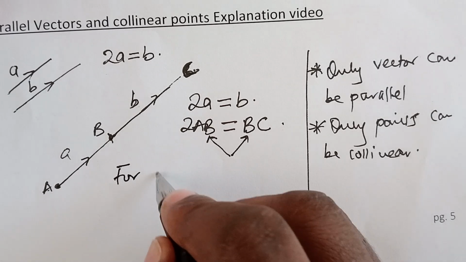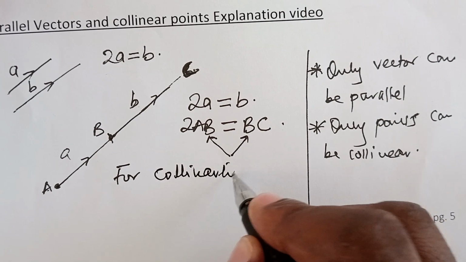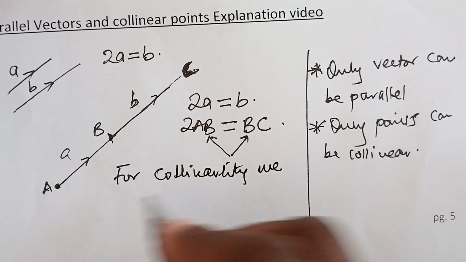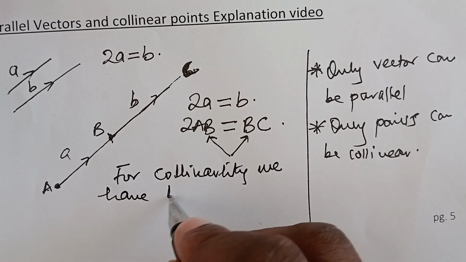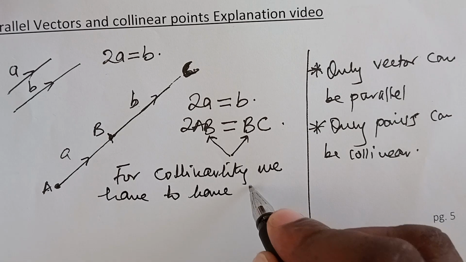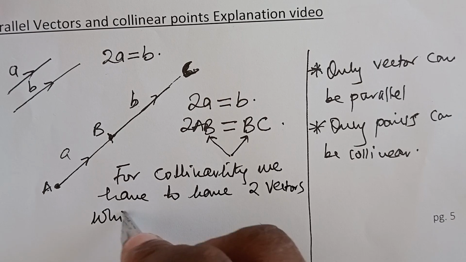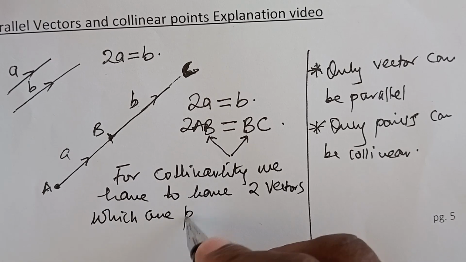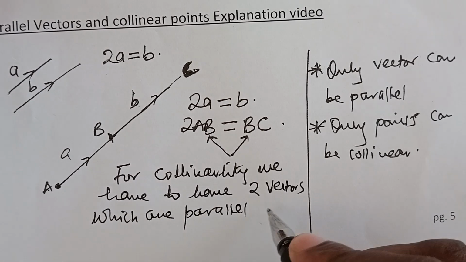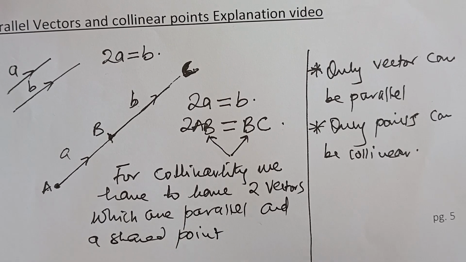For collinearity, we have to have two vectors which are parallel and a shared point, a point that is shared by the two vectors we are talking about.